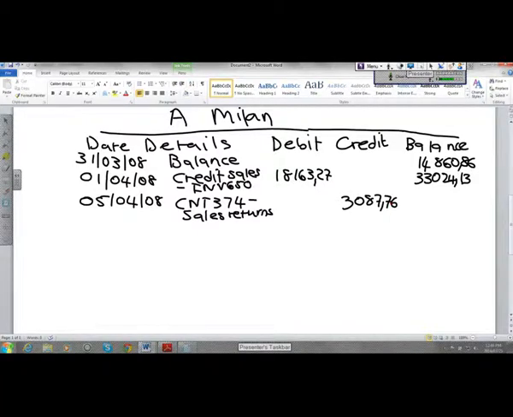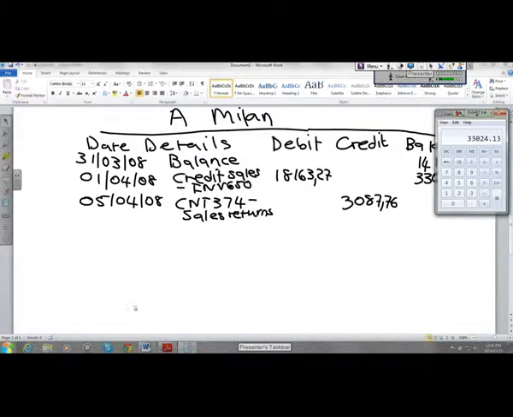So we have to update our balance, which means now we are reducing our balance. We go to our lovely calculator here and then we work out the calculation.